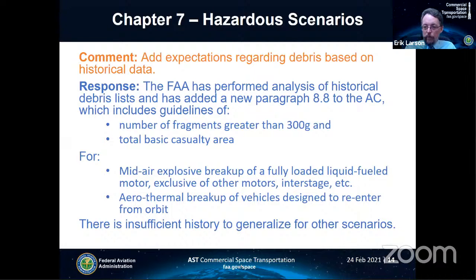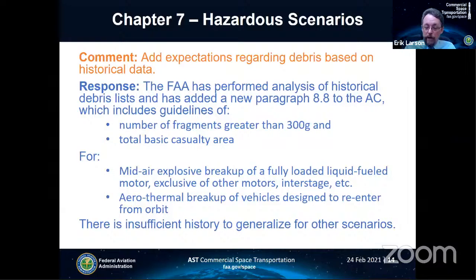There's two scenarios for which there was enough data to develop these. One for a midair explosive breakup, and then the second is for an aerothermal breakup of vehicles designed to re-enter from orbit. There is, however, insufficient history at this point to generalize for other scenarios, and sometimes it's simply too vehicle specific to be able to do that.